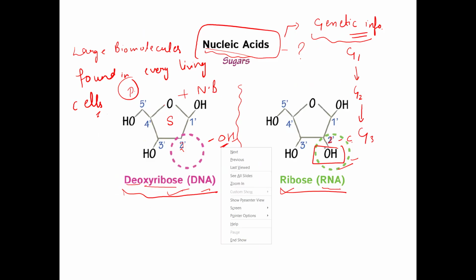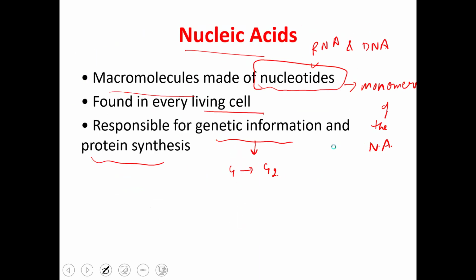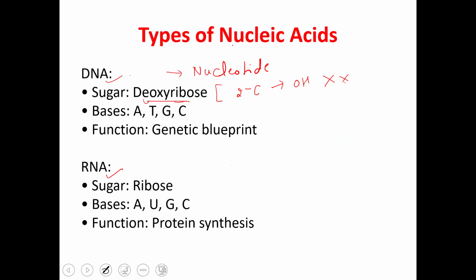But in ribose, it has oxygen. For bases, four nitrogenous bases are present in DNA: adenine, thymine, guanine, cytosine. The function of DNA is as a genetic blueprint. It stores all kinds of physical and physiological information, such as eye color and hair color.